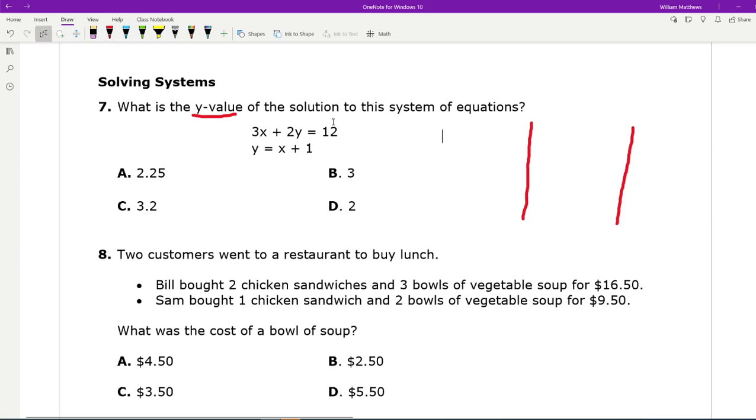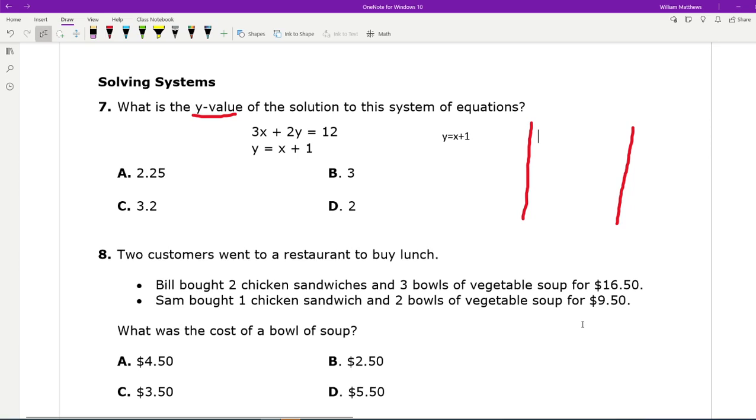This means in my first section, I would say y equals x plus 1 is going to be my equation where I'm going to take an expression and substitute in that value for the variable in the other equation.